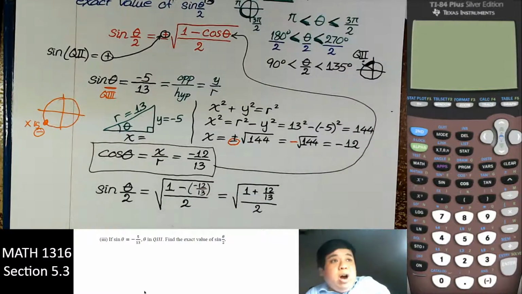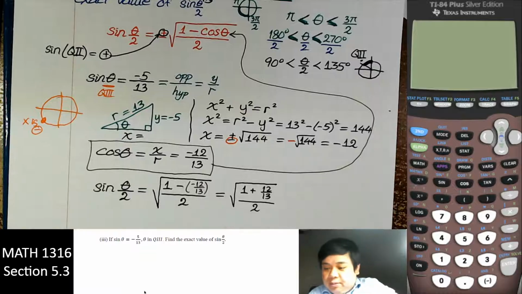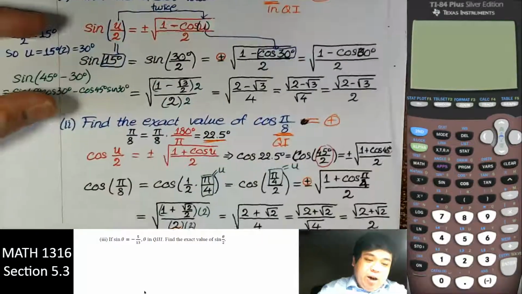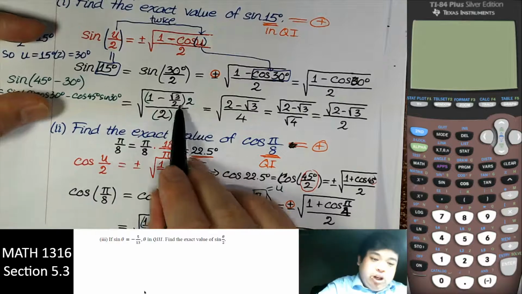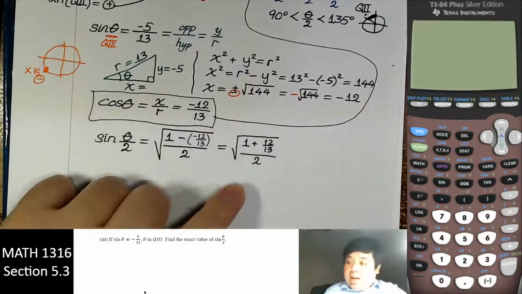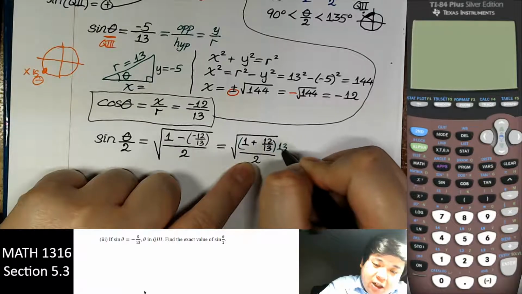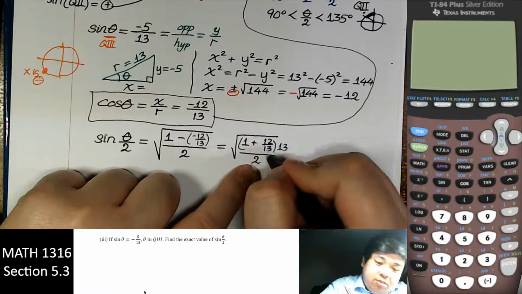Right, so what do we multiply in here to simplify this? Previously, since we divide by 2, we multiply by 2 to kill the denominator there. So I will multiply in here by 13 to kill this 13.